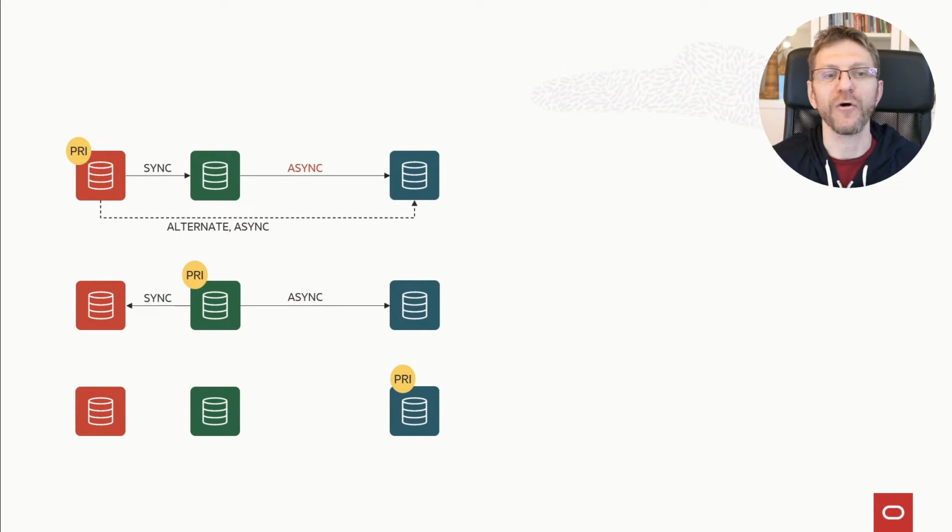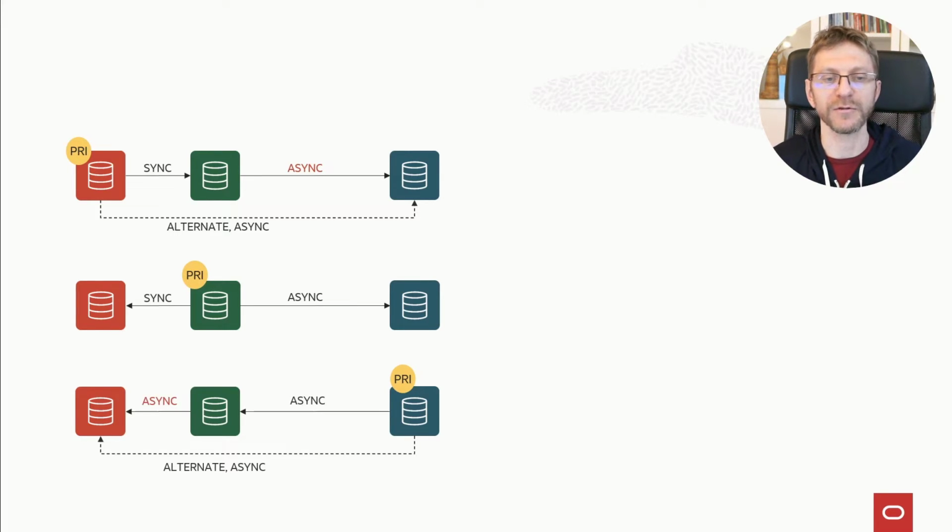So imagine that for green, I want to have green send to red synchronously and to blue asynchronously. And when blue is primary, I want to send to green asynchronously, maybe because blue is remote compared to the other two, and then having green cascaded to red. And if, again, green is not available, maybe I want blue to send asynchronously directly to the red database.